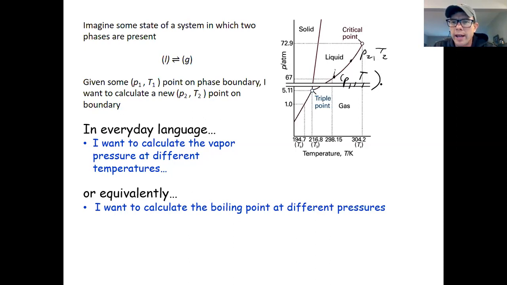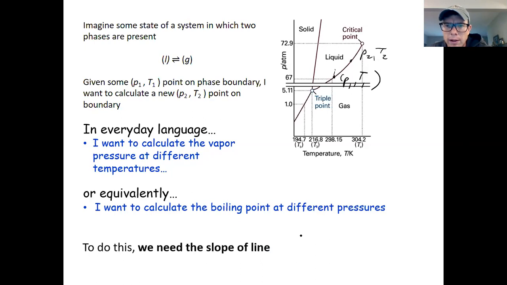So remember from organic, if you put your system in a rotovap and draw vacuum on it, you decrease the boiling point. In order to do any of this, you need the slope of the line. These changes are related to the slope of the line, with pressure on the y-axis and temperature on the x-axis. So what we really need here is dP/dT.